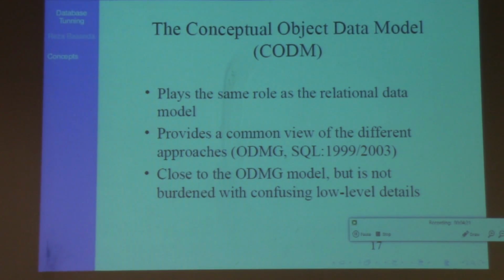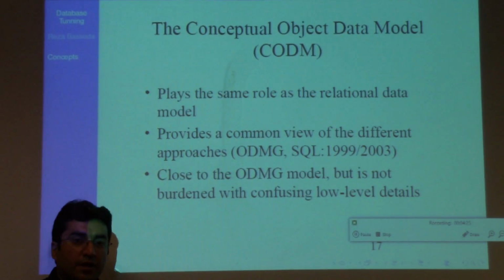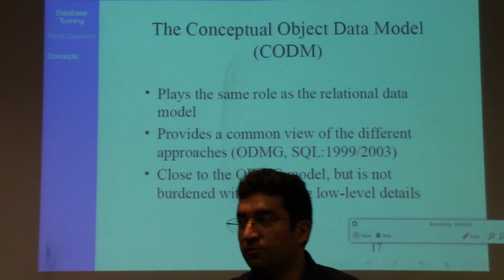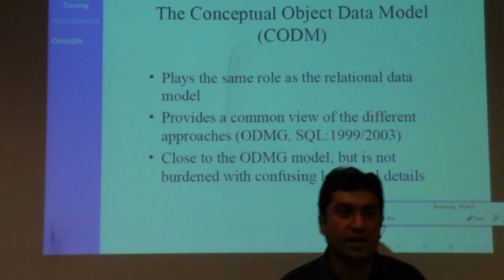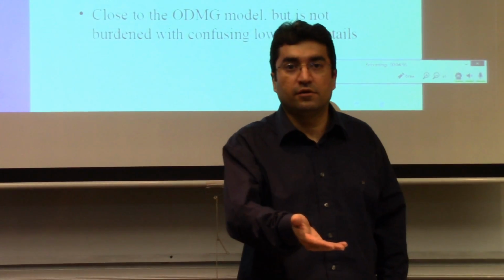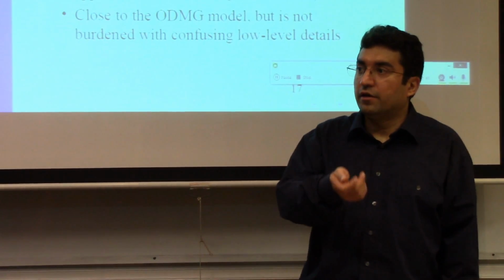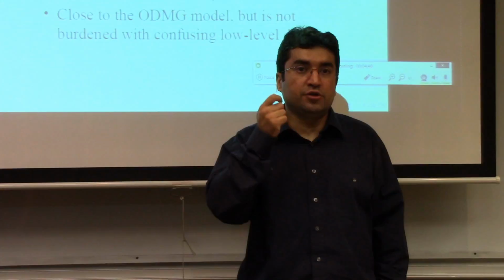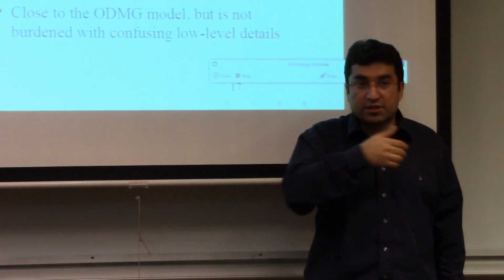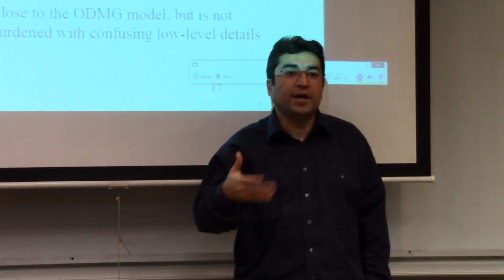Similar to the relational data model, what we did before starting defining queries and query languages, we defined a conceptual model, which was the relational model, right? In the relational model, we had this relationship, and then we defined relational algebra on that, like join, union, intersection of sets, lots of operations on that.